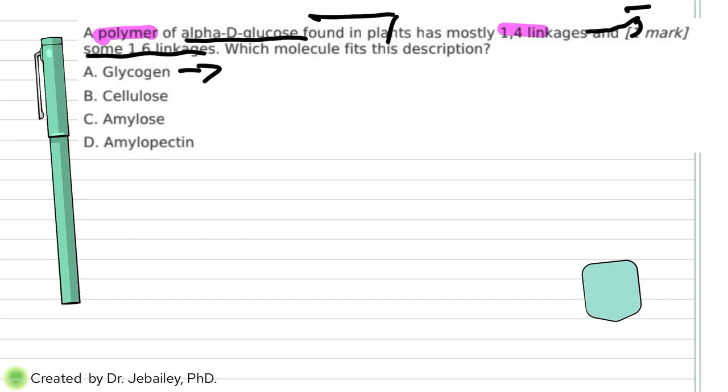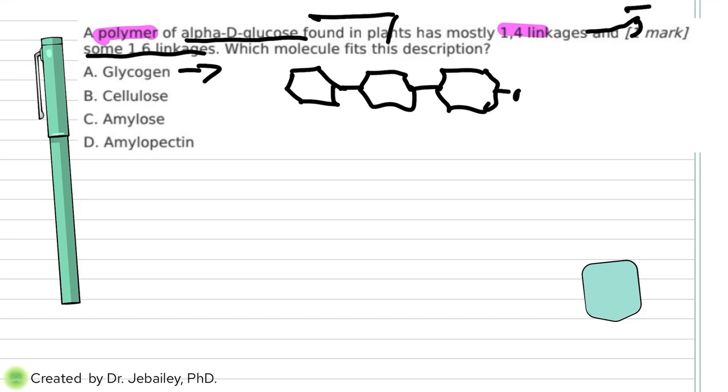Glycogen, okay, in this case, it has a bunch of sugar, and it just binds a bunch of sugar again, and it keeps binding sugar again, and it just keeps going, okay? Now, even though it does this, it only has the 1 to 4 linkage. Cellulose does the same thing.